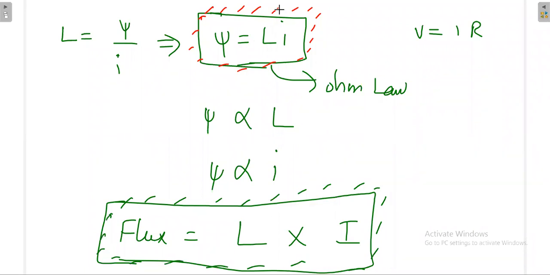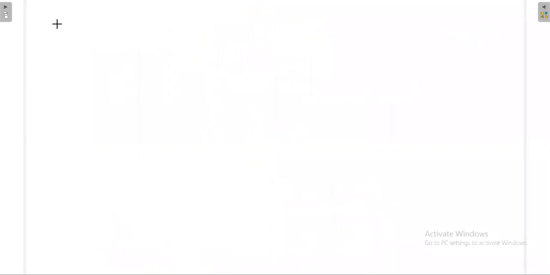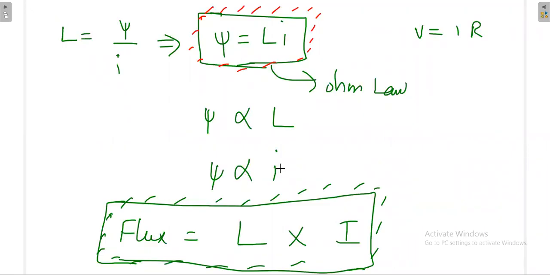Next, again, what is the MMF? We have to find out the value of L. L depends on the material, the type of material. MMF, magnetomotive force, is equal to phi into S. Already we have derived it.